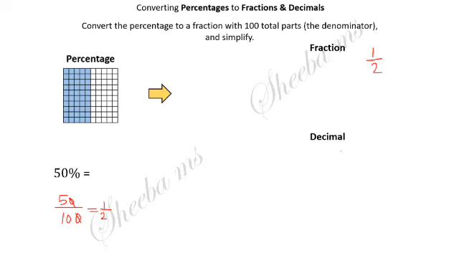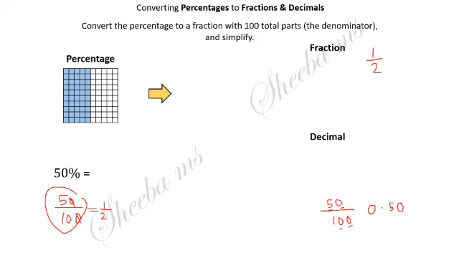And how do you write it as a decimal? It is 50 by 100. In 100 there are two places, so from here also two places, then place the point. So the point comes here, then two places, so place the 0.